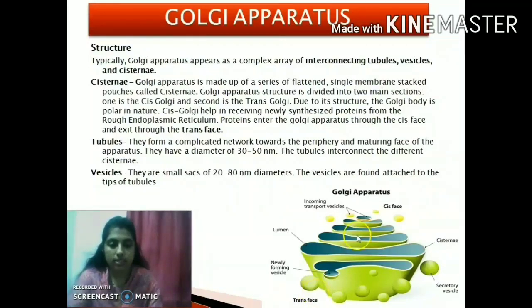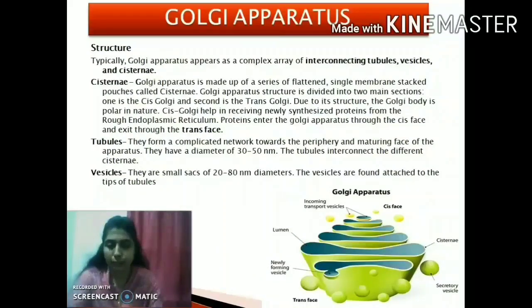So what happens is the different proteins which are produced by the endoplasmic reticulum enter the Golgi apparatus, and there inside the Golgi apparatus they are modified, packed, and then ultimately released or secreted from the Golgi for their different functions at the particular sites.